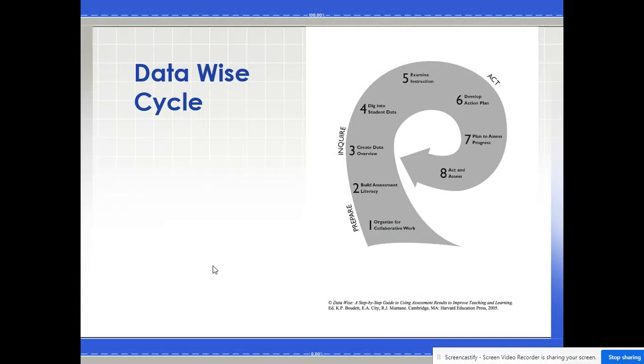And then as that cycle moves back through, you may have to reorganize for collaborative work and build assessment literacy. But basically the way this arrow is pointing, you can go right into going back to creating a data overview. After you have acted and you have assessed, then you would create a data overview and then move back around in 2, 3, 4, 5, 6, 7, 8. Okay.